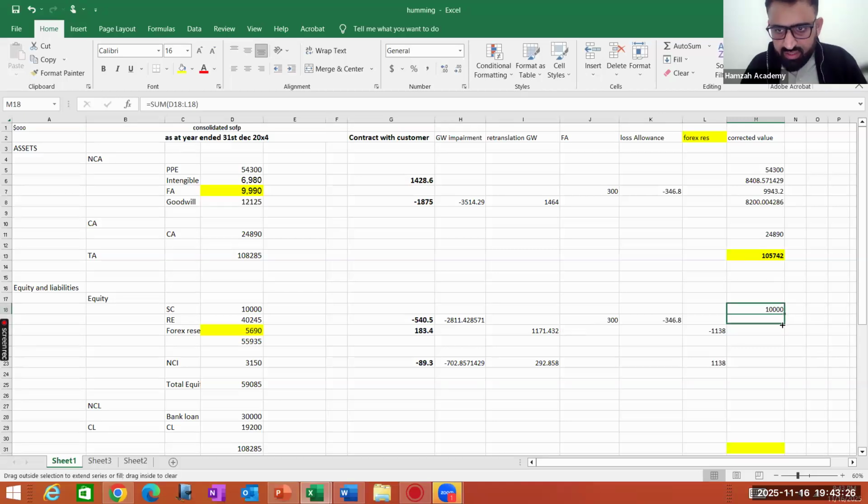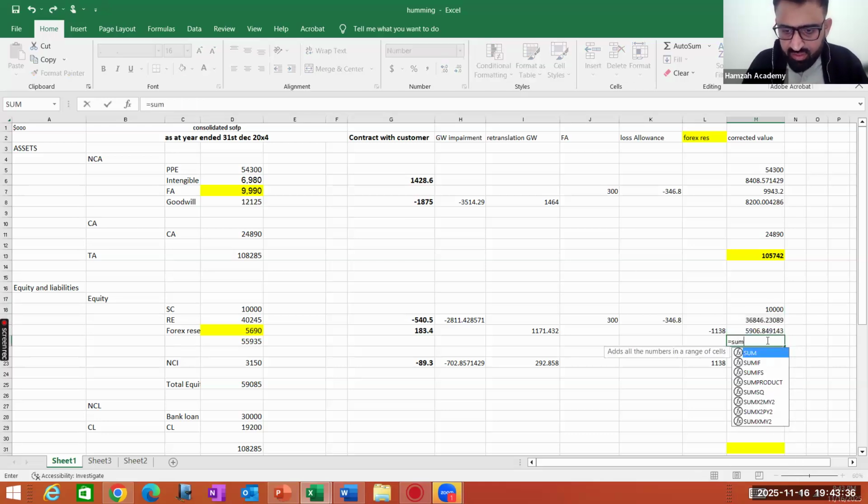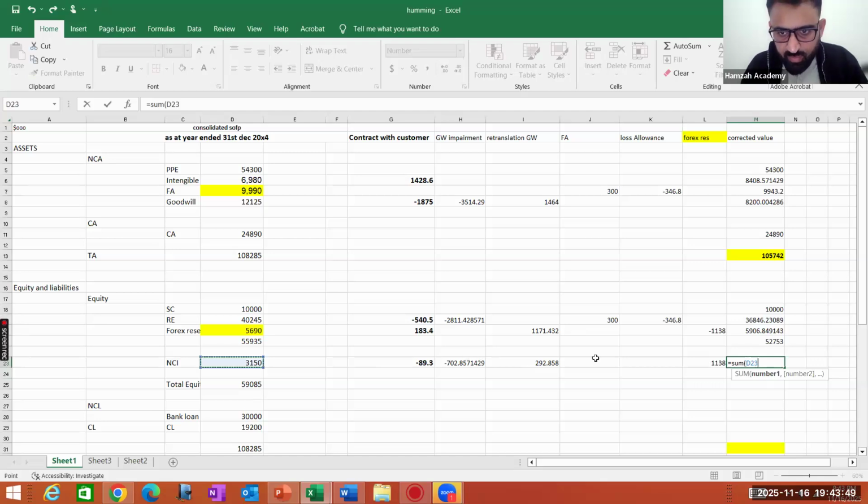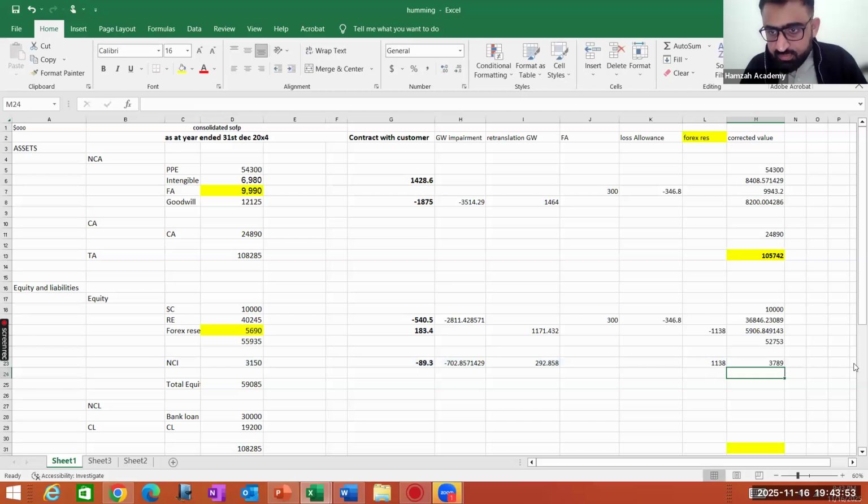But the balance of the retained earnings and forex reserve will change. And as a result, the total value of the equity will change. NCI value will change.